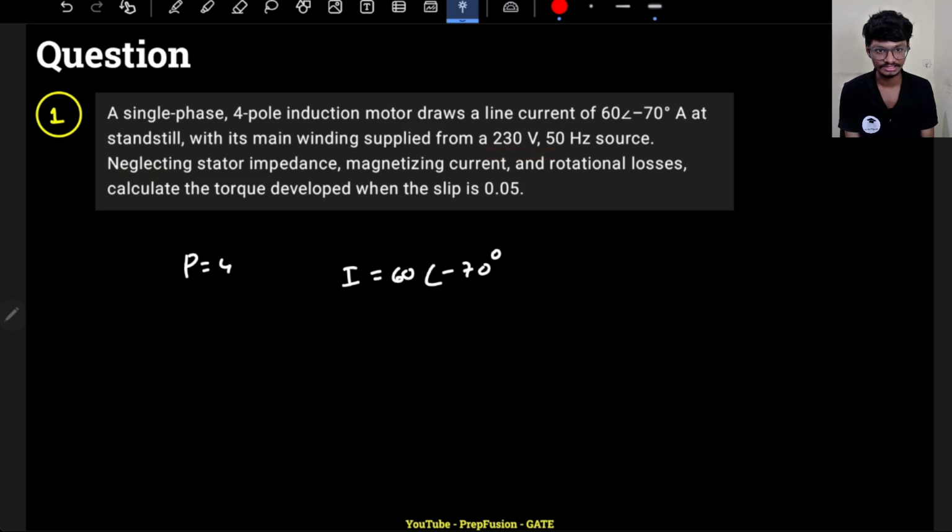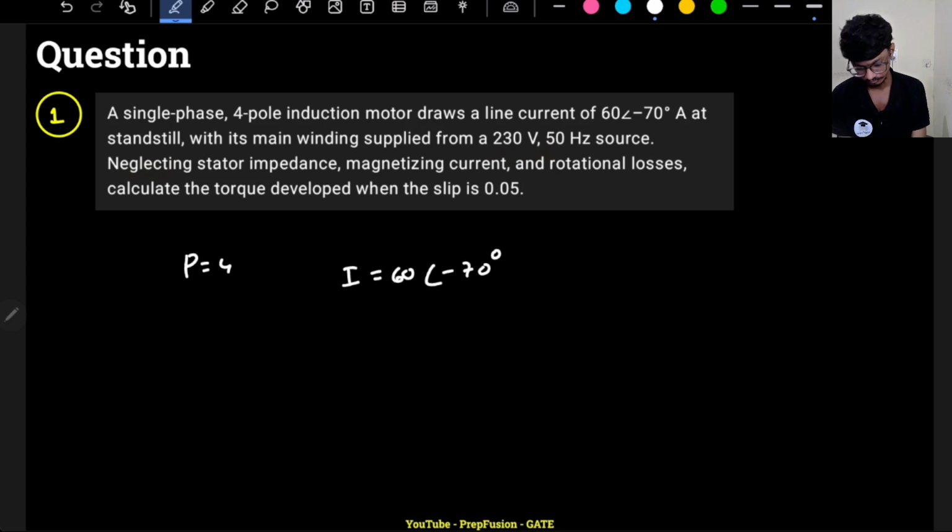So whatever we are discussing is with the main winding connected and the auxiliary winding open. The main winding will have its stator resistance and stator reactance.